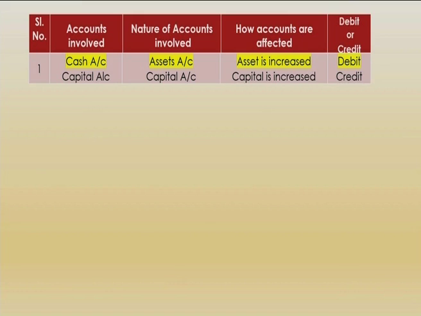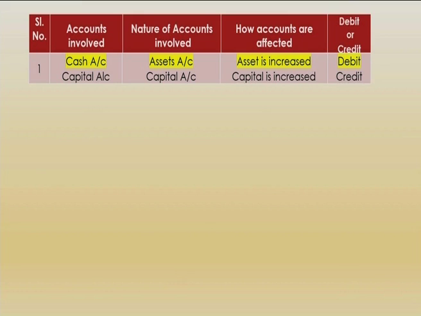A capital account falls under the capital category. So when there is an increase in capital, it is credited. So here asset increase debit, capital increase credit. If you look carefully, these two will be on different sides of the accounting equation. Cash will be on the asset side, capital will be on the other part of the equation.